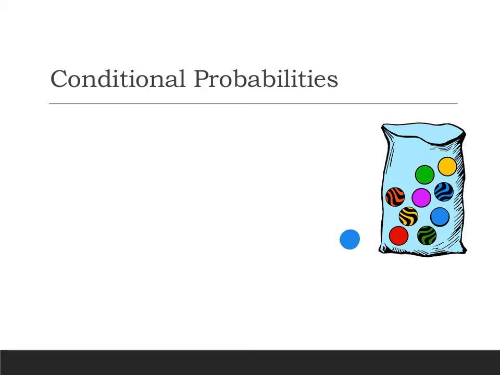Before, I had 1, 2, 3, 4, 5, 6, 7, 8, 9, 10 marbles in the bag. So I've got a bag of 10 marbles. Of course, I have some marbles that have stripes on them, some that don't, some that are blue, red, yellow, green, and purple. So I've got different colors. All these things matter. So we've got 10 marbles, and we're going to draw 2 without replacement.